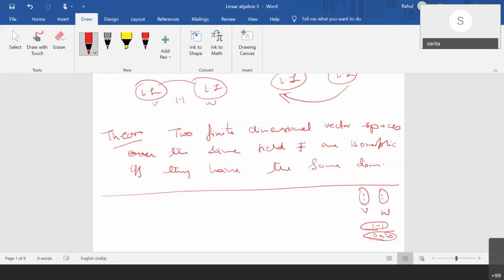If it is 1 1 and they have the same number of elements, then it will be onto also, and if it is onto, then it will be 1 1, because they are of the same dimension. Therefore, to prove that if V is linearly independent then TV1, TV2 are also linearly independent, it suffices to take that T is 1 1, because we are assuming they are of the same dimension.